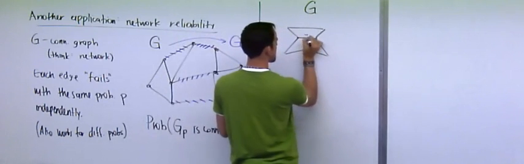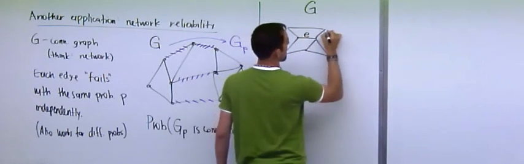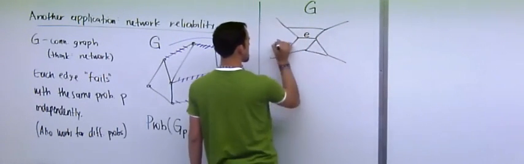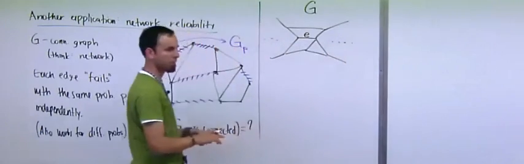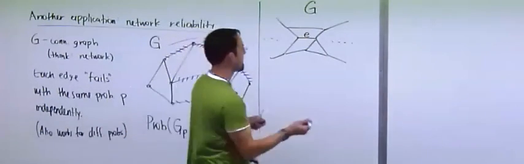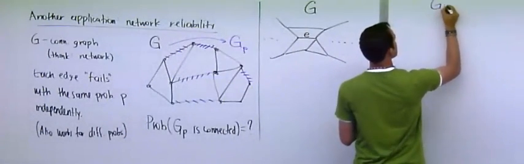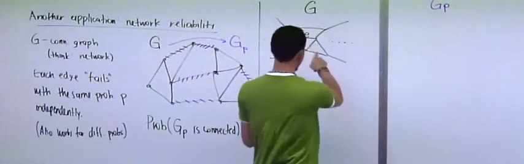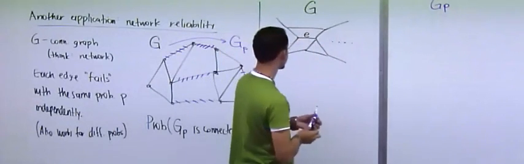So maybe this is the special edge that we care about, and then the graph just goes on. Okay. And so from here, we're going to get this probabilistic graph, G sub P, where this edge might or might not have failed. Okay.